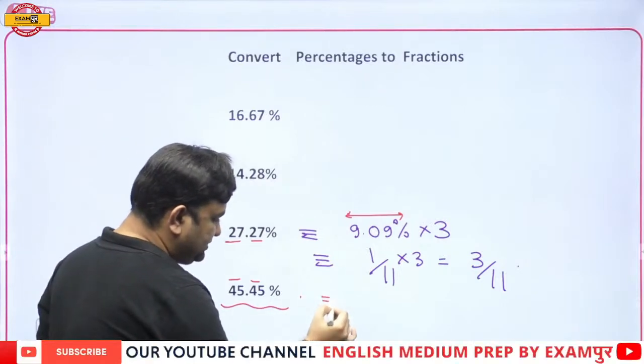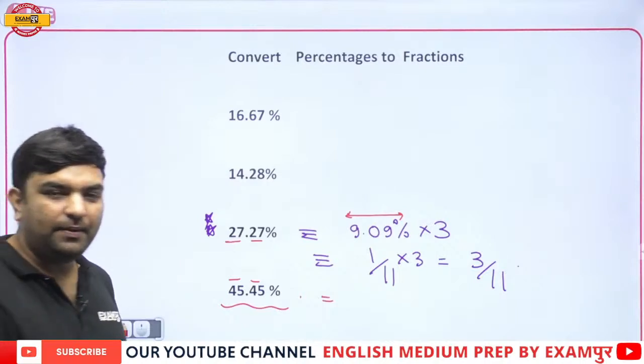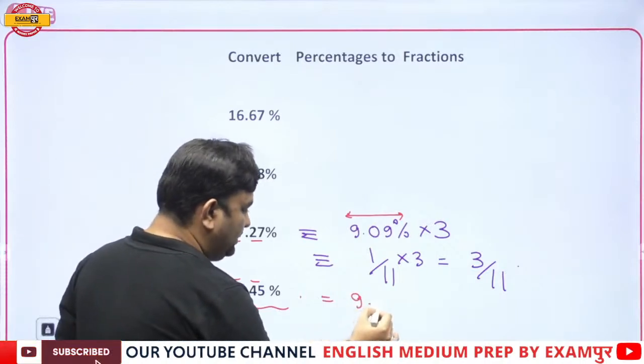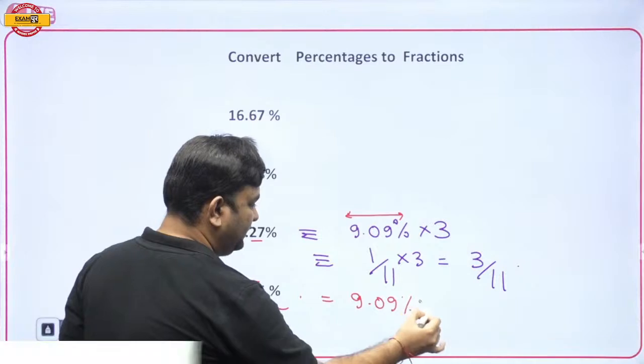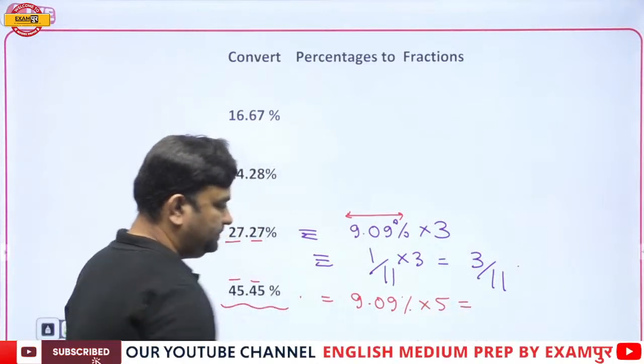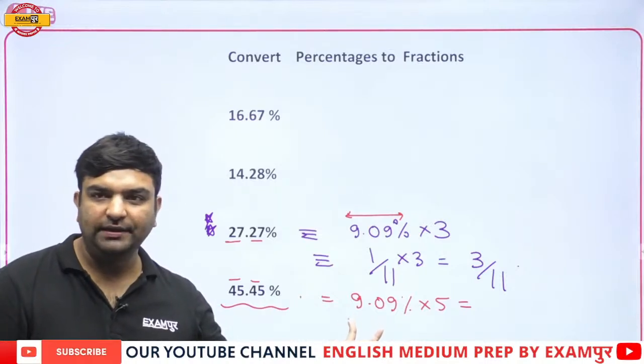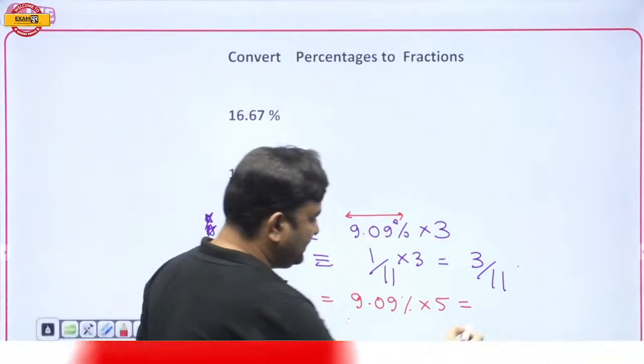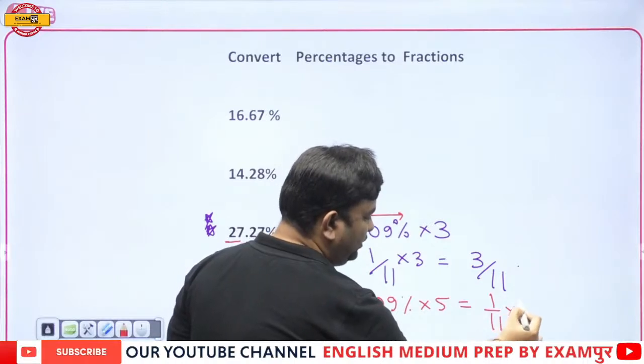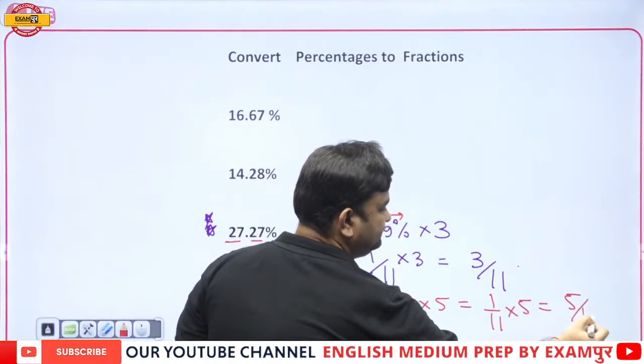So it is nothing but 9.09% into 5. 9.09% is 1 by 11. 1 by 11 into 5 is 5 by 11.